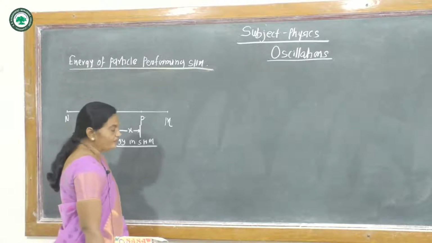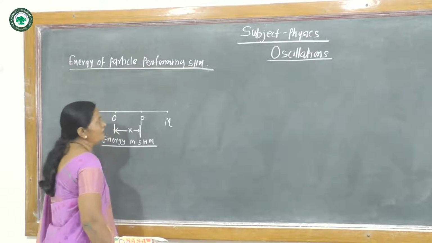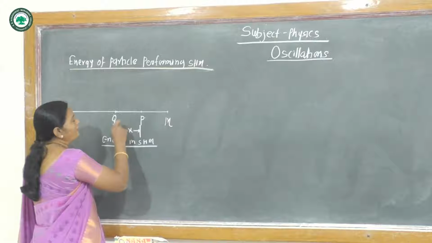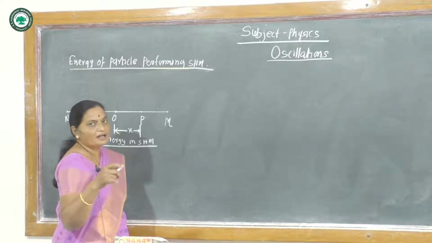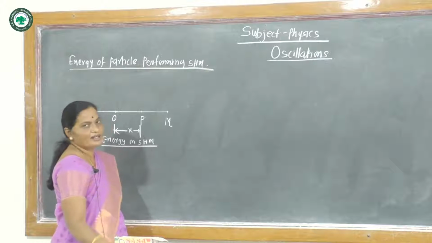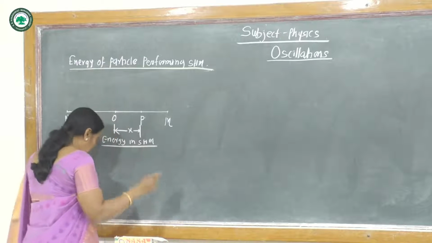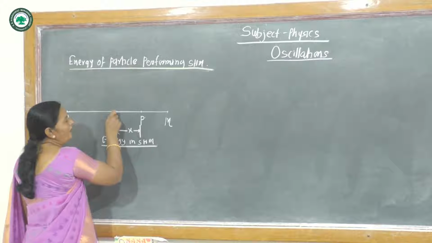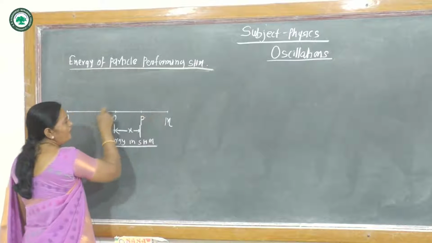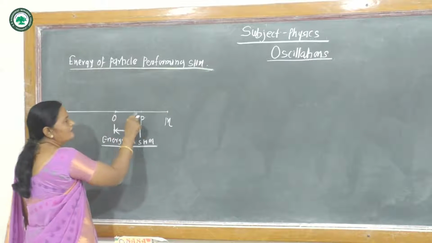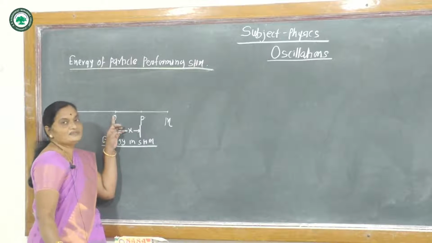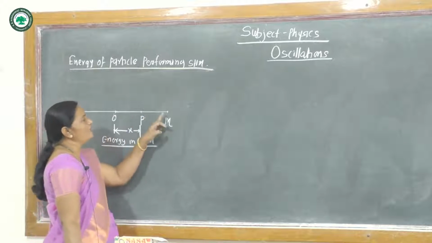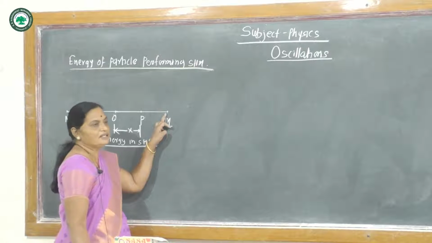In this case, the velocity of this particle is given by the formula V is equal to omega root of a square minus x square. When the particle performs simple harmonic motion, the velocity at the mean position is maximum and the velocity at the extreme position is minimum.